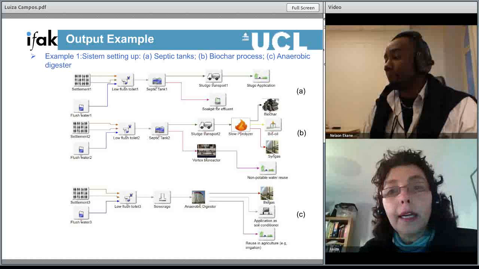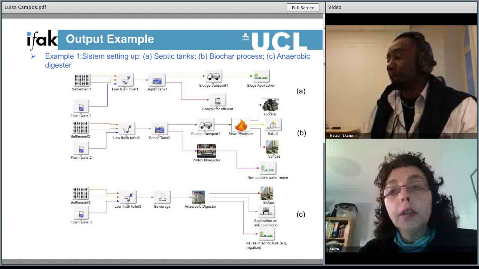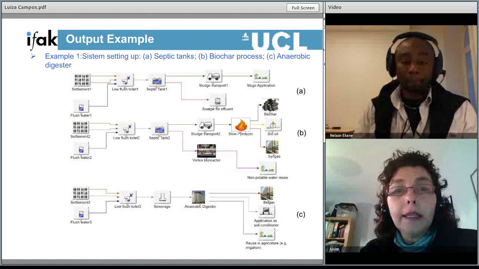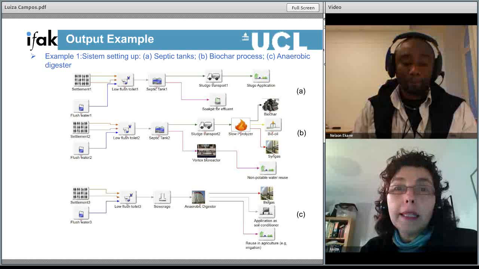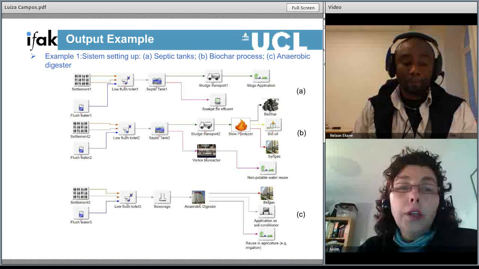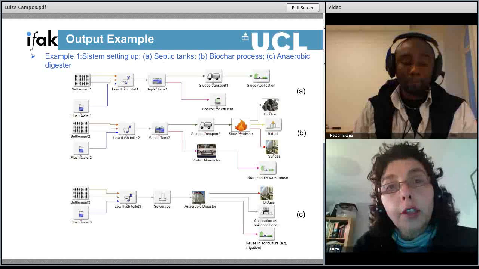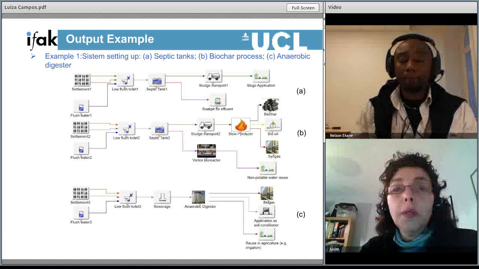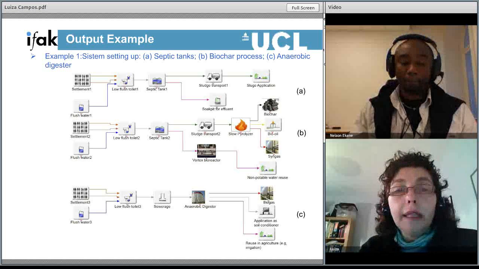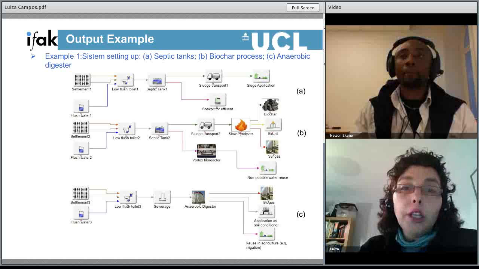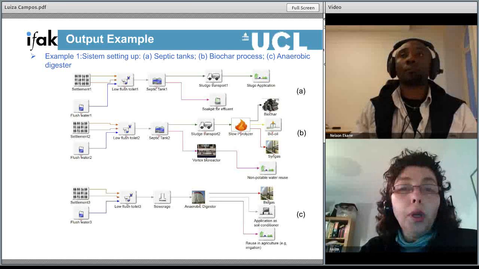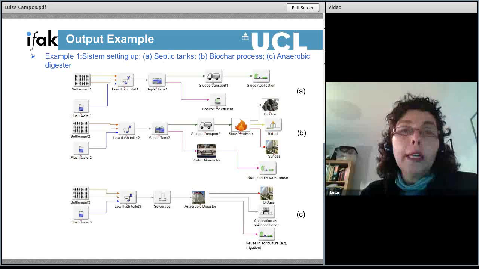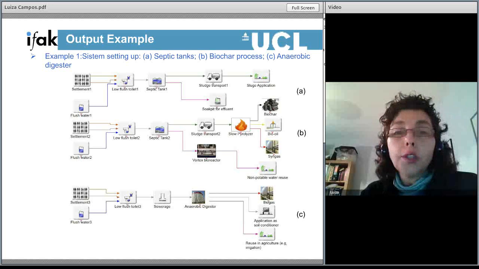You start, for example, on example A in these slides. You create a block, we call them blocks or sunk. This is an example of sunk diagrams. You create a block for the settlement representing how many people are going to use that system, and then you create another block for the toilet, and another block for the technology that is collecting your waste from the toilet.